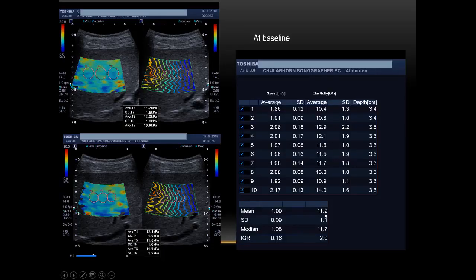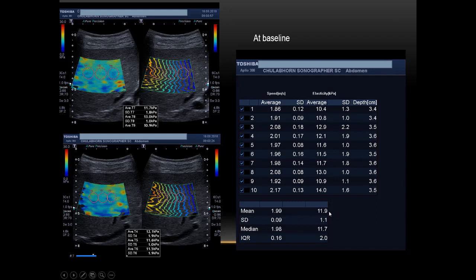So it comes out at 11.9. Do you remember the cutoff? 11.5 is considered cirrhosis. So this is a very high elastography. But we haven't concluded yet, we have to reconfirm by MRE because the specificity of the high elastography is 72%.